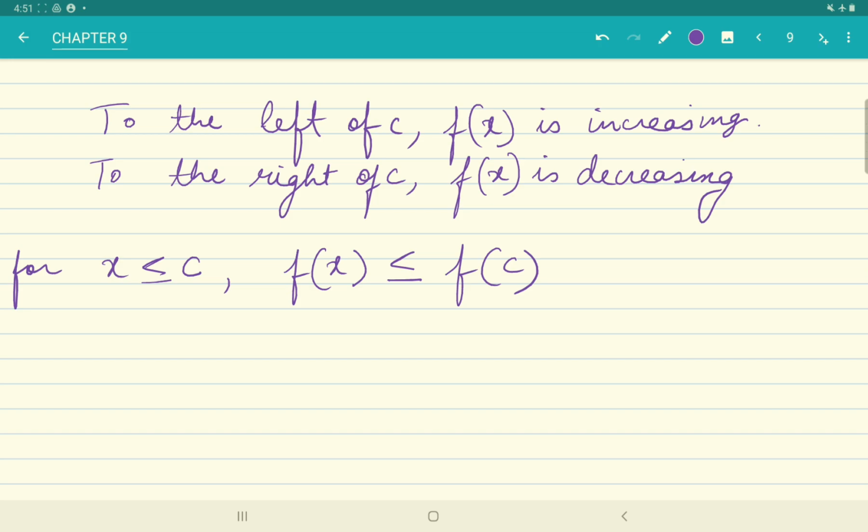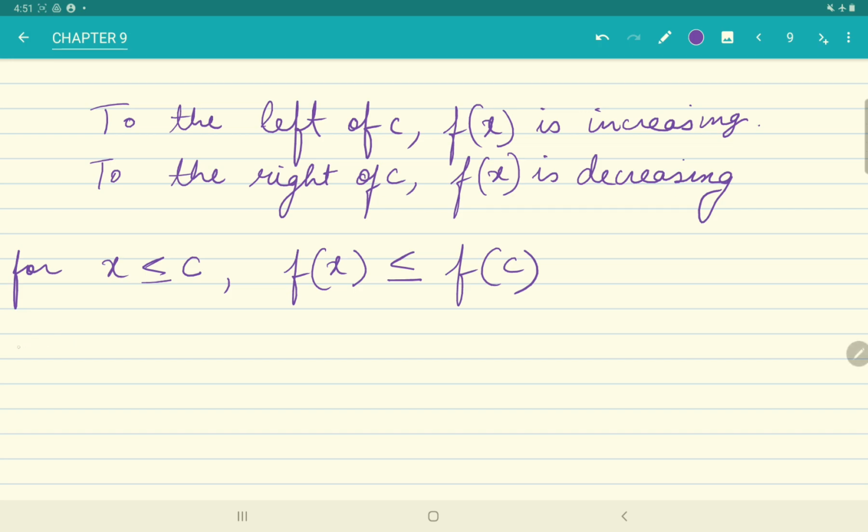And when I say increasing, if I'm not specifying strictly increasing, that means the function is clearly not decreasing to the right of c. So f of x is less than equal to f of c for all x less than equal to c.